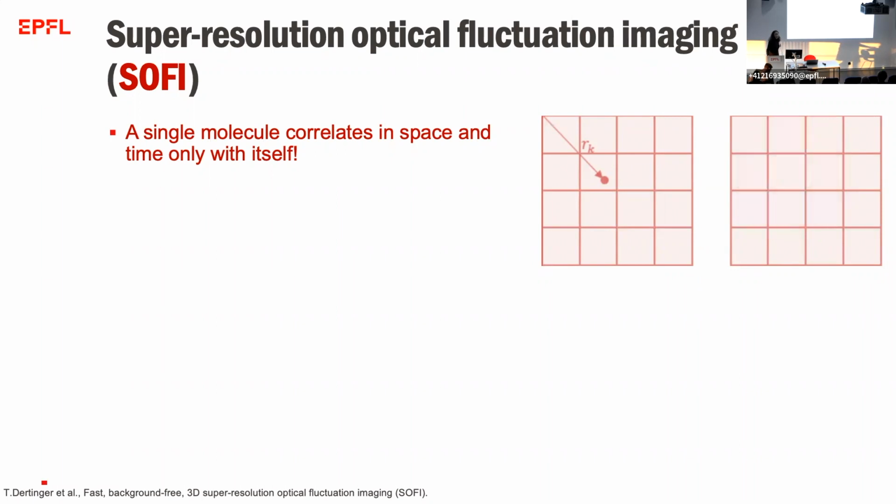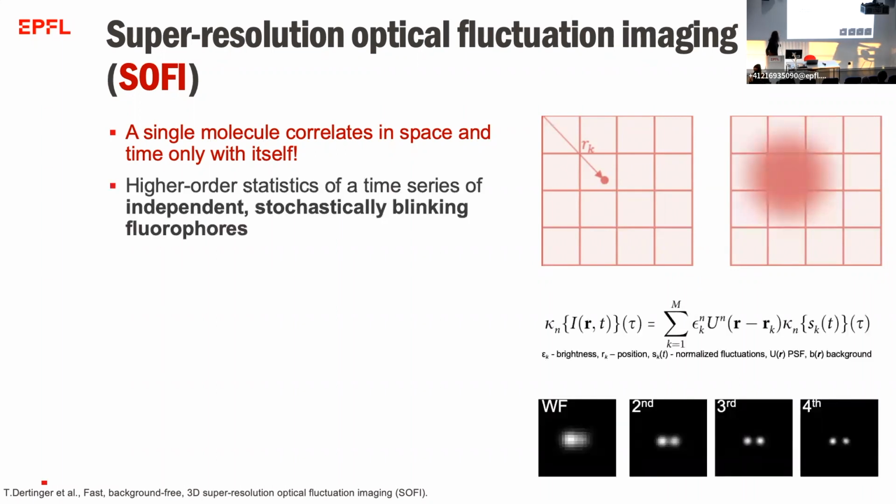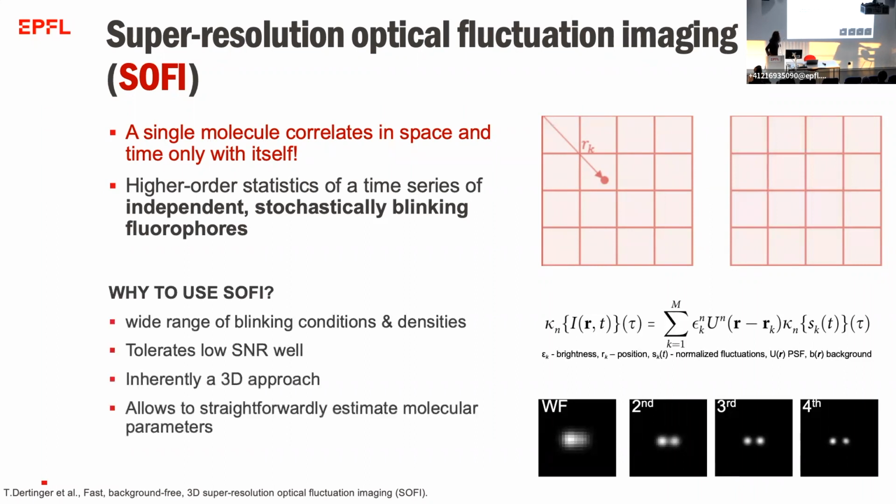So looking at these cross correlations, we exploit the higher order statistics of a time series, meaning that we need to take some temporal progression of the images, and basically improve the resolution by the square root.